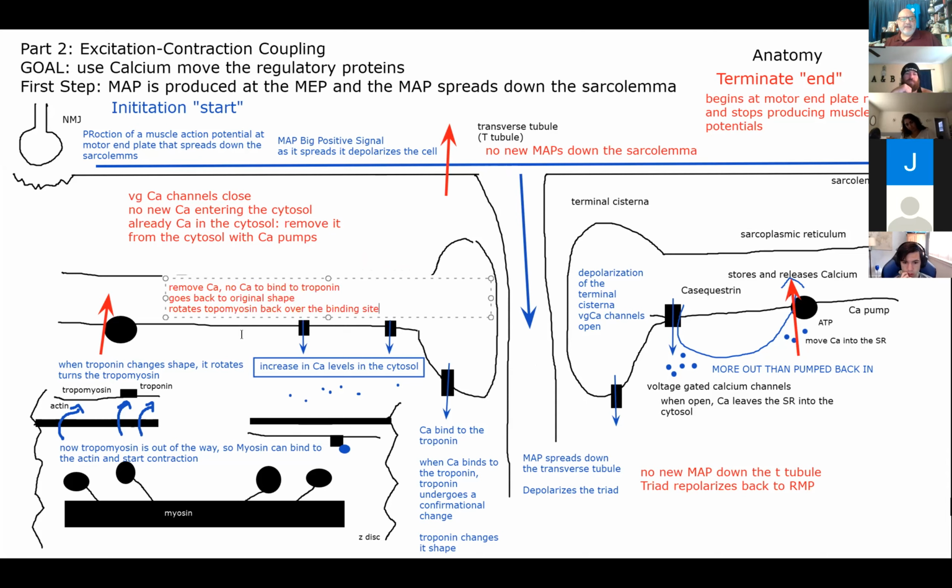Excellent. And when it gets rotated back into the way, I guess we need to move this calcium over. No bind, goes back. And of course, once our tropomyosin is blocking the binding site, myosin cannot bind to the actin, and the contraction stops.